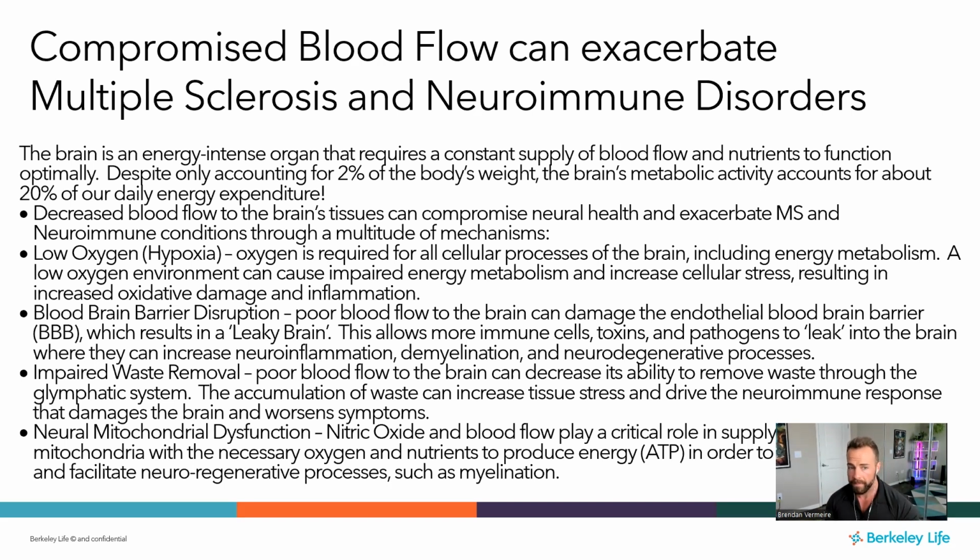And this can also impair waste removal. It can impair the ability to transport waste out of the brain. For example, we have ATP binding cassette transporters that reside within the blood-brain barrier. And these essentially act as little protein pumps to pump things like amyloid beta out of the brain into peripheral systemic circulation.